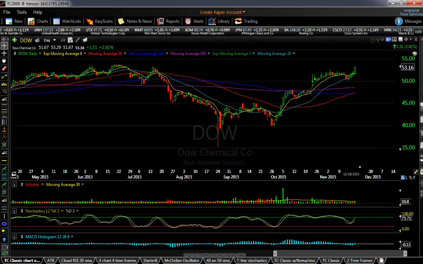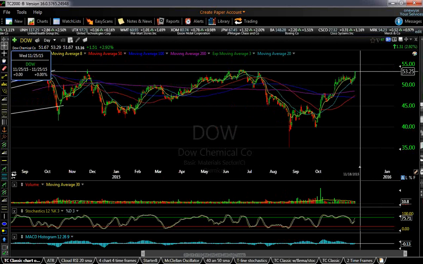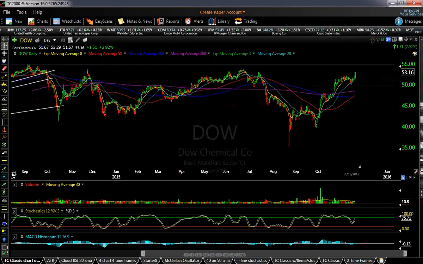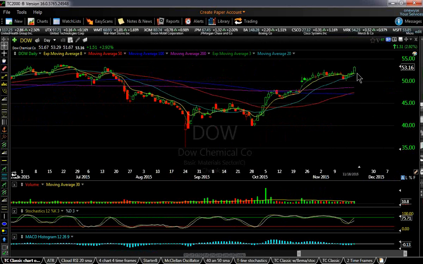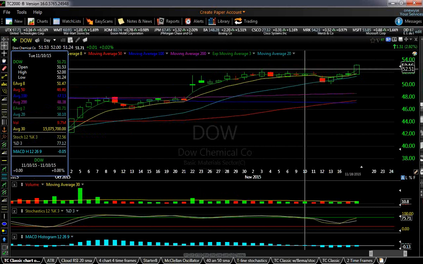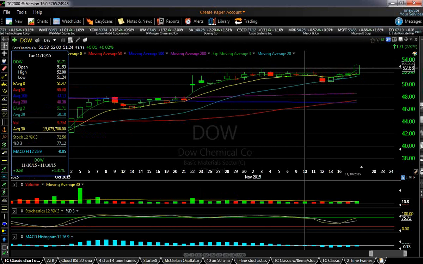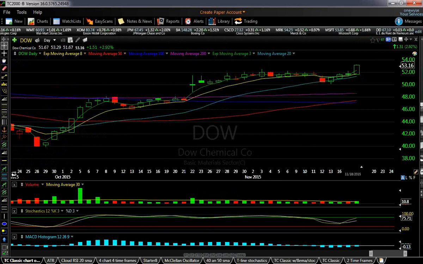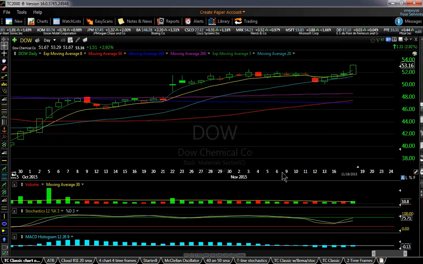So basically, you're up in the air here, which means you've got some pretty big upside potential on a stock like that. And that's a beautiful breakout. Look at that breakout right there. You look at something like that and say, this thing could run, it could run $5, $6. It may not do it tomorrow, but it could run a long way up on stocks like that.